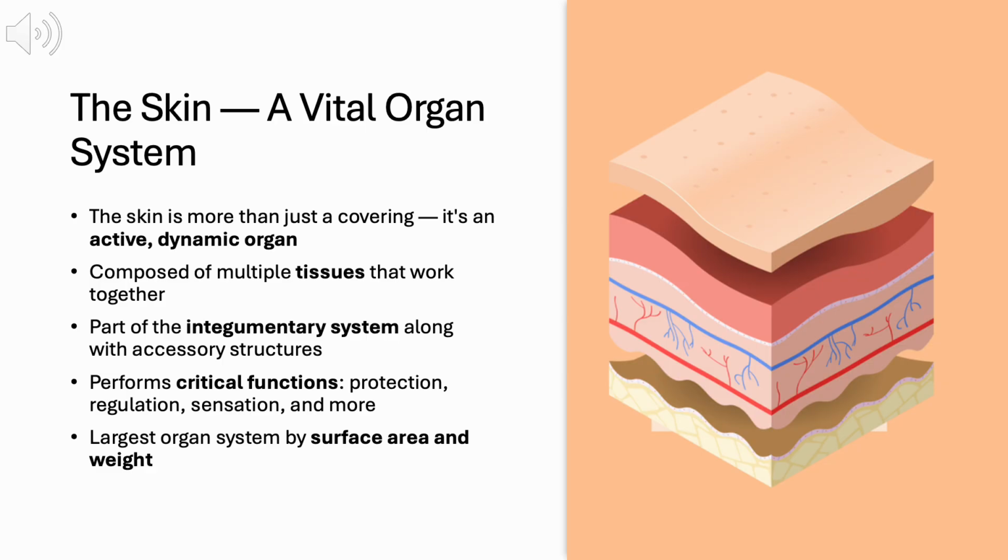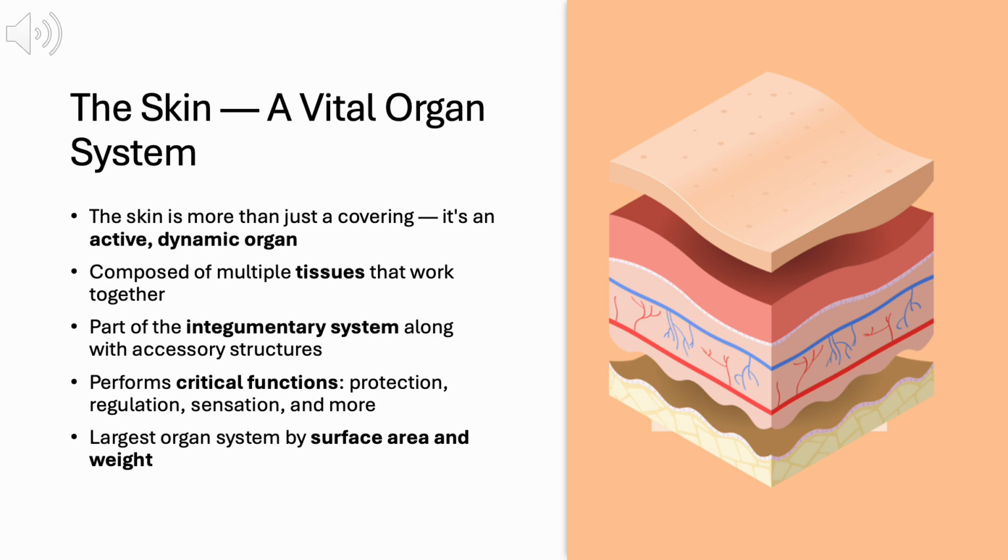Together with its accessory structures, like hair, nails, and glands, the skin forms the integumentary system, which serves many crucial roles. These include preventing water loss, regulating body temperature, shielding you from pathogens, and relaying sensory information like pressure and temperature to the brain. It's also the largest organ system in the human body.